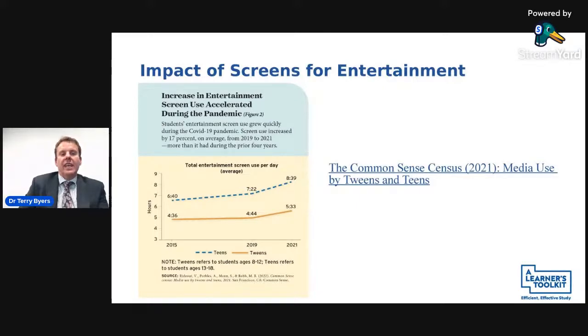Their attention is being diverted, and whenever that happens, at the end of the day we're learning less.